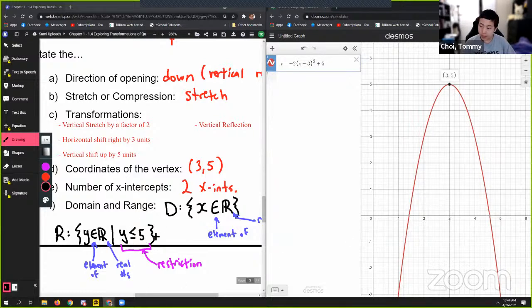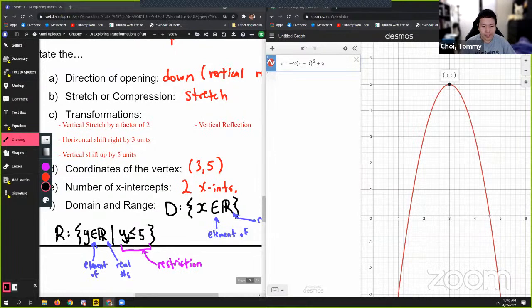So for the y value, the range is restricted. There is a point on which the y value cannot go any higher or any lower, depending on opening up or down. If it opens down, it has a maximum point. The highest value that y can be is 5, which is the k value of the vertex. That's right here.